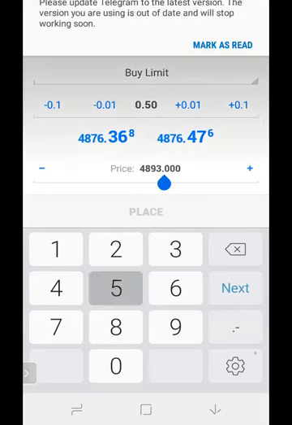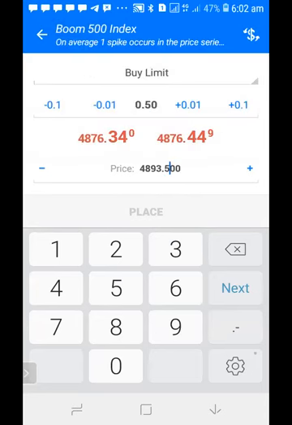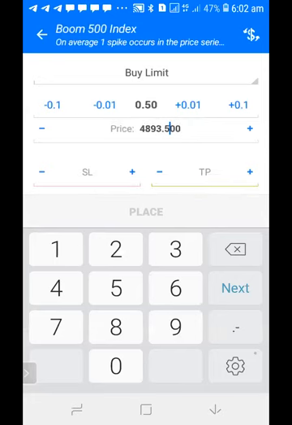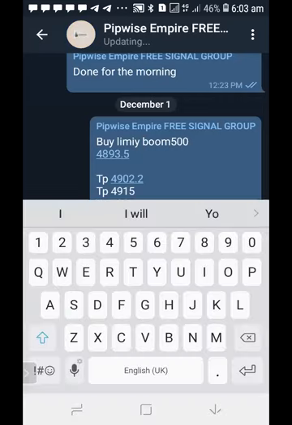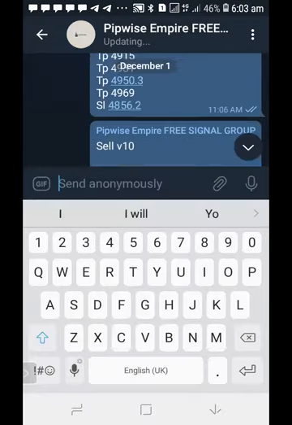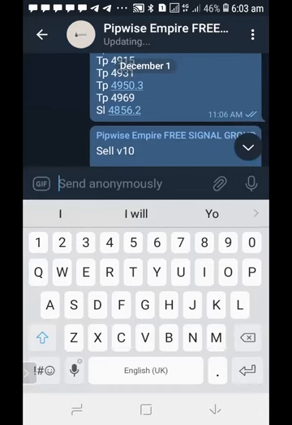So can you see that this is a buy limit? Set my stop loss. Then I go ahead and pick my stop loss. What do you have as the stop loss here? So it's loading up. We have 4856.2.